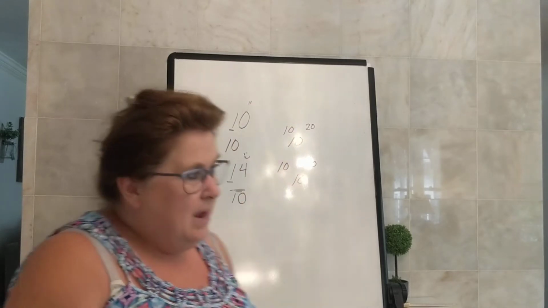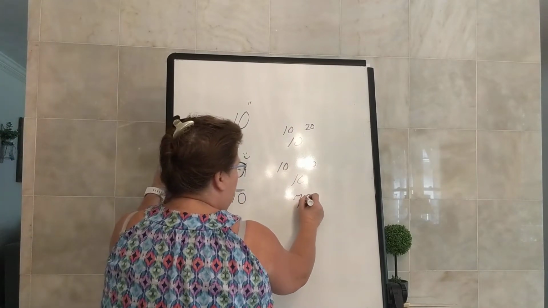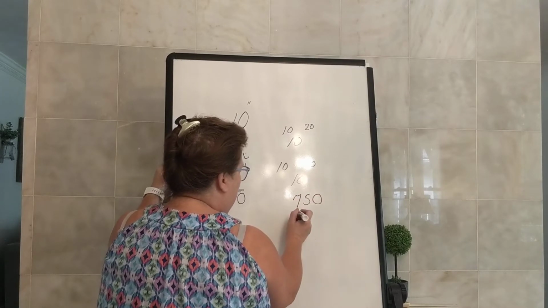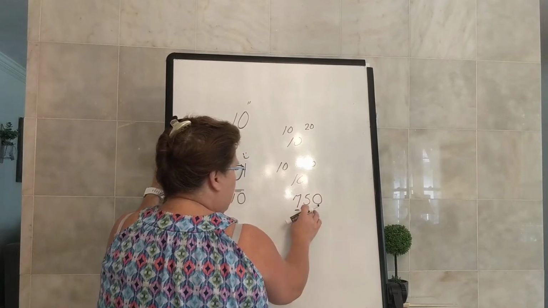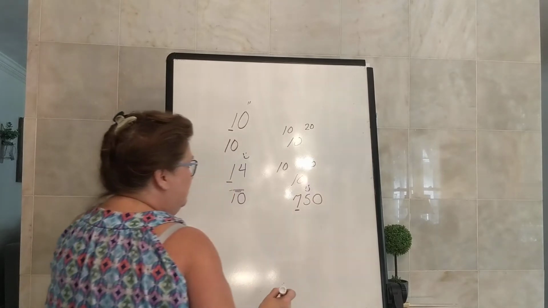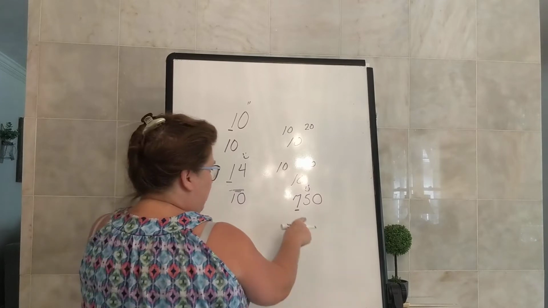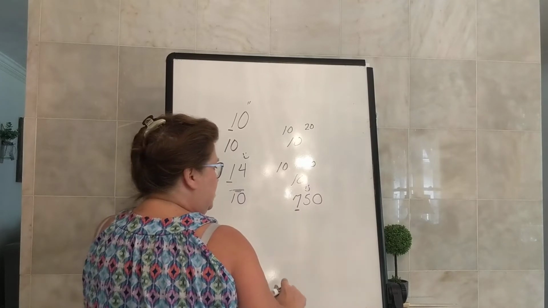And then look at section 5. Round to the nearest 100. We have 750. So if we have 750 and we're rounding to the nearest 100, the digit behind it will be where we look. And if that digit behind it is 5, 6, 7, 8, or 9, we know we're going to want to add 1 to the digit in front of it.